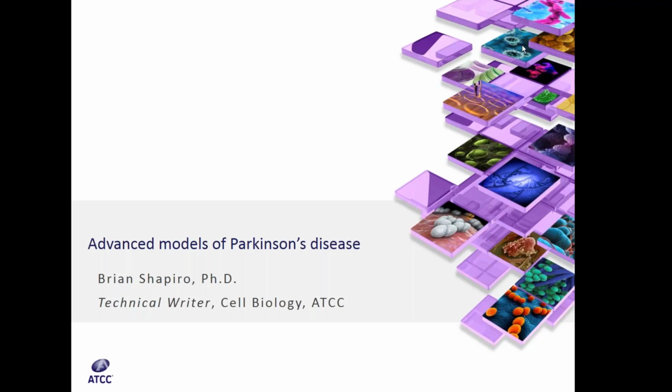The last time I presented, I revealed that ATCC was taking on new efforts to validate its neural progenitor cells as essential tools for toxicological screening. Today, I will present ATCC's Parkinson's disease-derived neural progenitor cells.